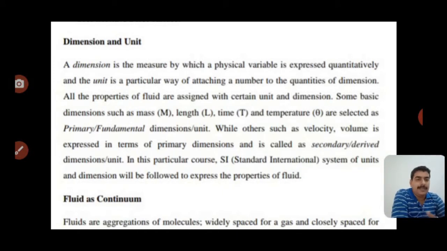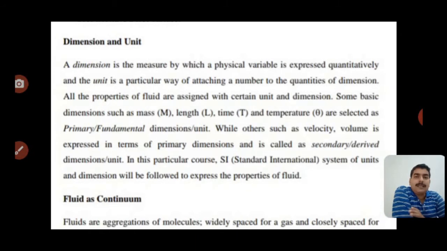Therefore, we can say the unit of the velocity is meter per second. That is, 2 meters of distance travelled by the ram in 1 minute. That is the rate of change of distance. This is the derived unit, or secondary unit. We say that is the derived units.